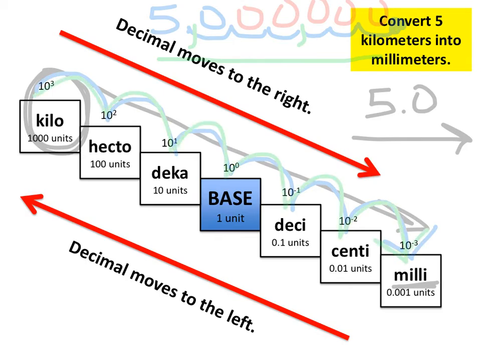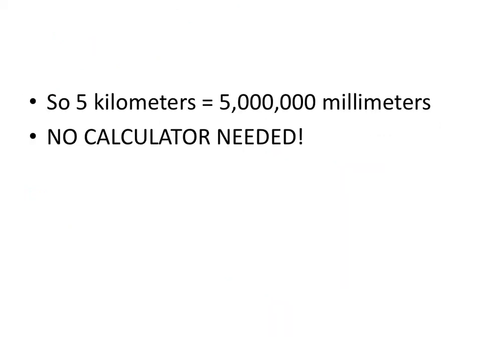All we did was take that decimal point from here, move it 6 places that way, fill in our zeros, and we get a 5 followed by 6 zeros, or 5 million millimeters. We didn't need a calculator. No multiplying of anything, no plugging in numbers anywhere, just counting spaces and moving a decimal place.